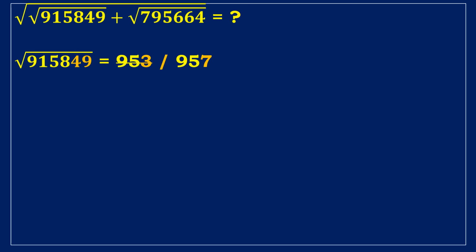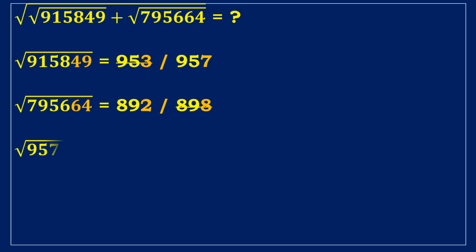The square root of 915,849 is 957, and the square root of 795,664 is 892. The sum of these two square roots is 957 plus 892, which is equal to 1849. Finally, the required result can be obtained by taking the square root of 1849, which is 43.